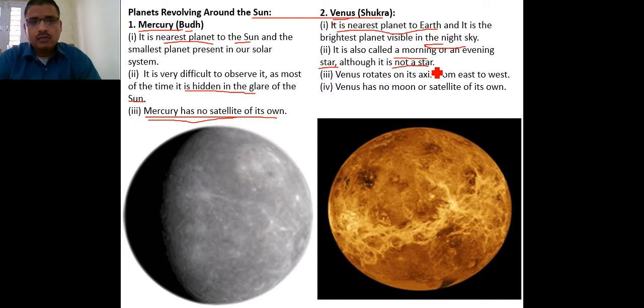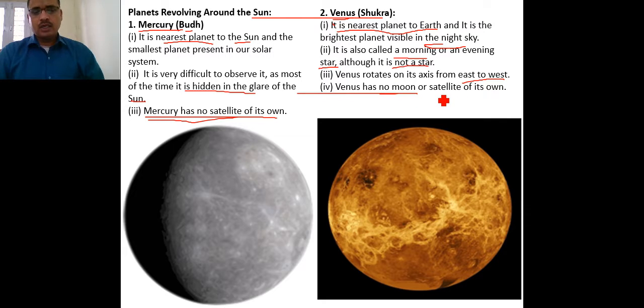Venus rotates on its axis from east to west. The direction of rotation of Venus is basically west, and Venus has no moon or satellite of its own. So that is about Venus.